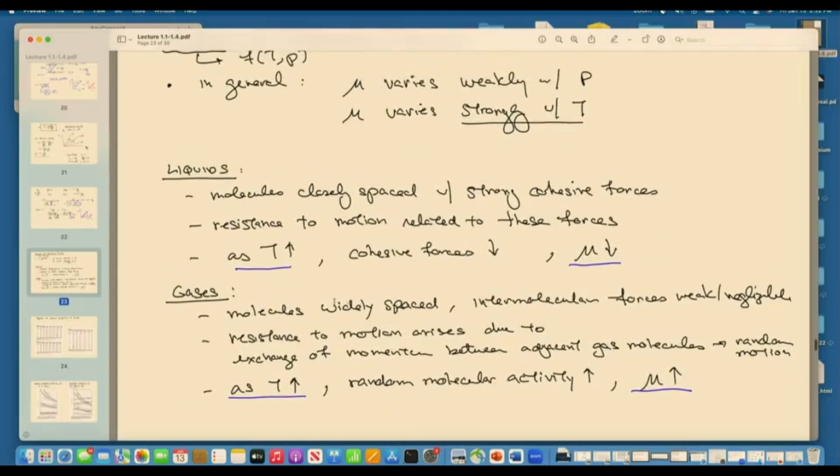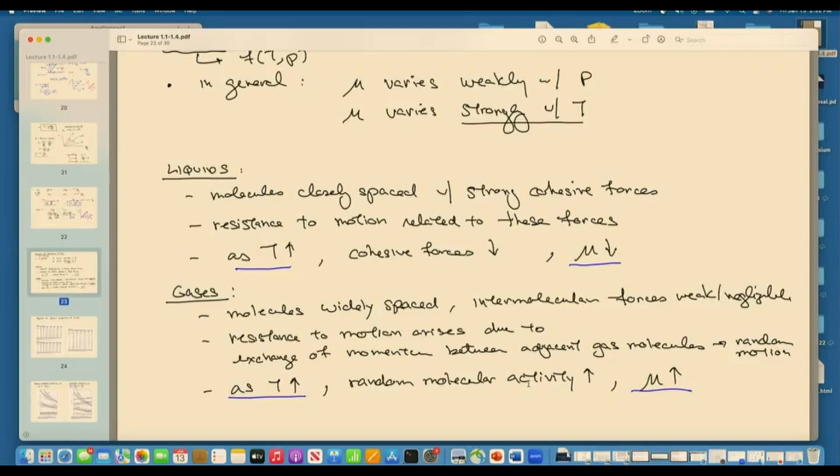But gases have a different molecular structure. The intermolecular forces are relatively weak. The resistance to motion arises because of the motion of the molecules. As temperature increases, the random molecular activity increases, and this exchange of momentum between molecules is associated with how viscosity works.